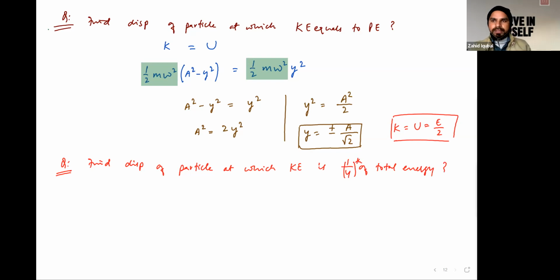Just use the formula of these two parts and simplify it for y. Try to solve using the formula of kinetic energy and total energy.